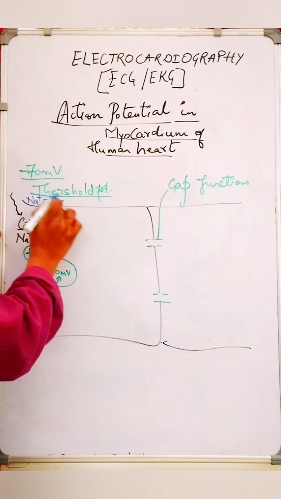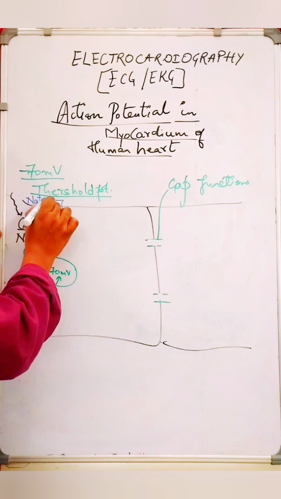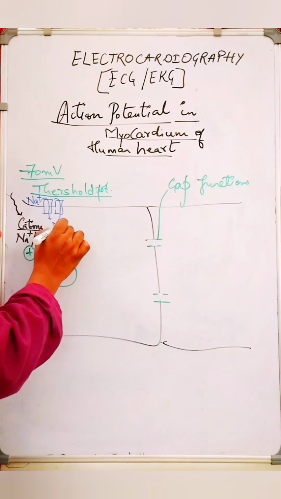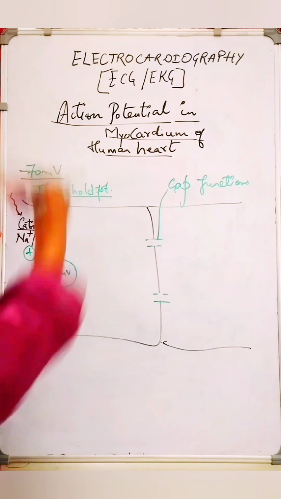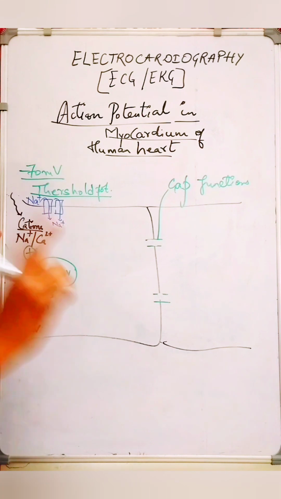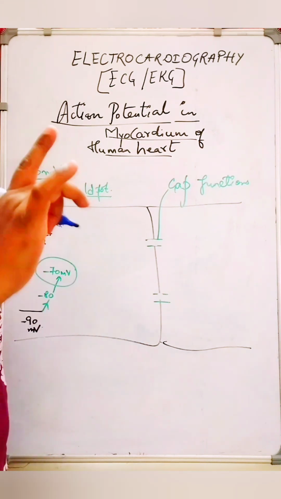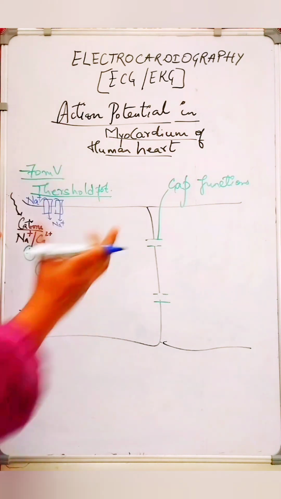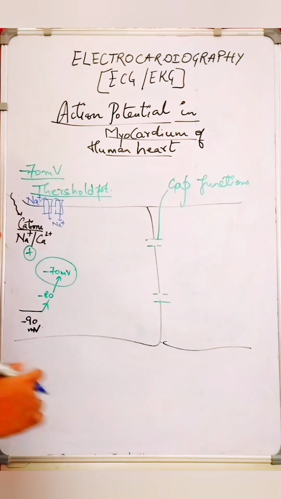Through these gated channels, sodium will try to enter inside. So minus 70 is the threshold potential, always remember. At this threshold potential, the channels open up and allow the passage of sodium ions.